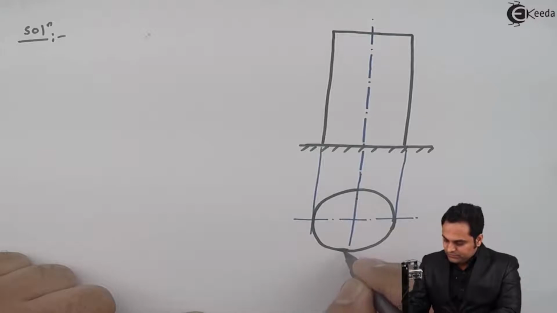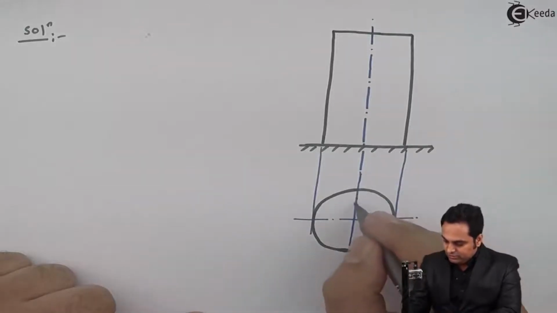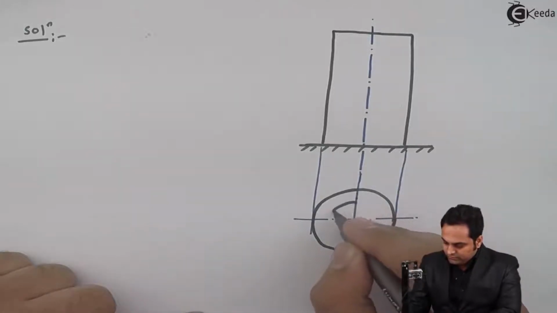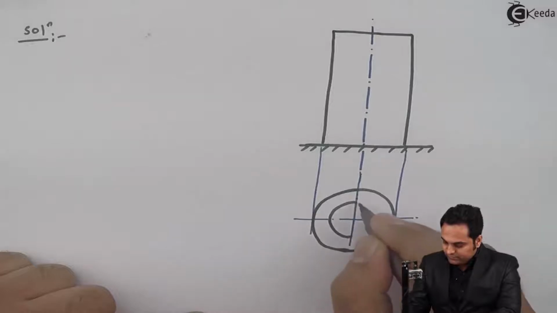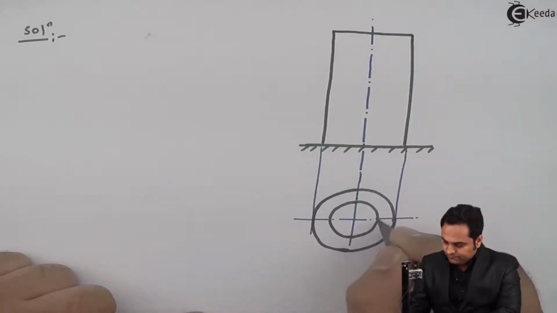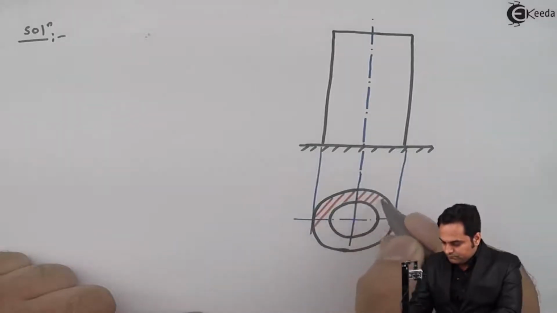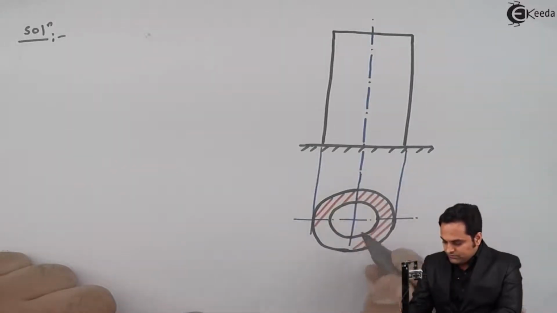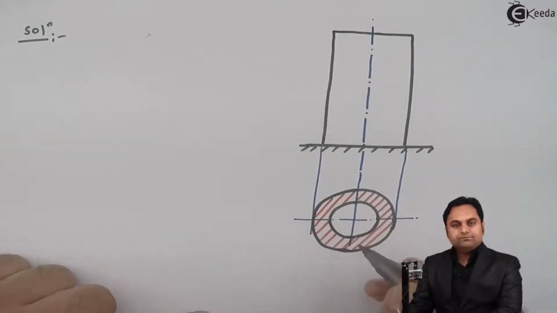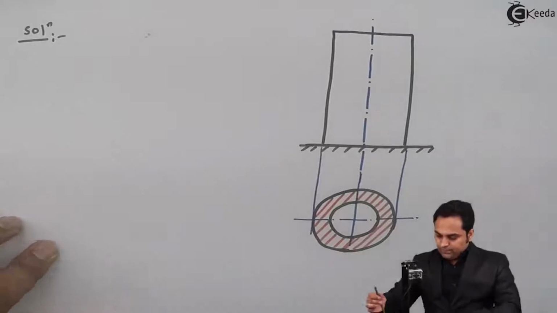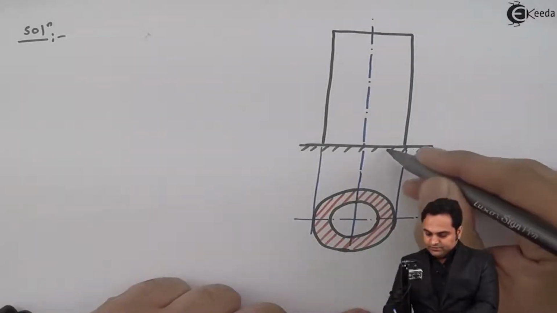So here is the cross section and it is a hollow circle. So I'll have to draw another circle which will be inside. This is the hollow cross section of the chimney. I'll be projecting this internal circle.